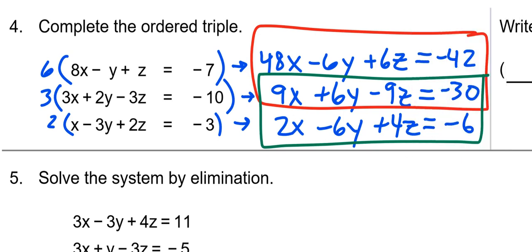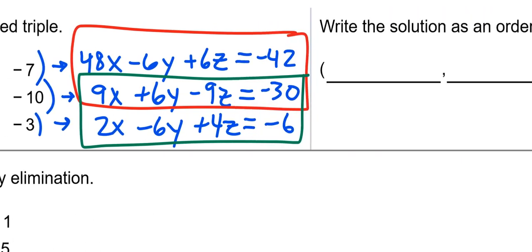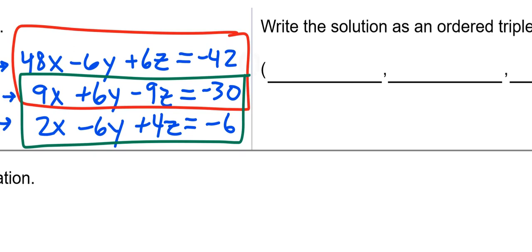What should we get from the red box? What's 48 plus 9? Well, 48 plus 10 would be 58. Okay, 57.